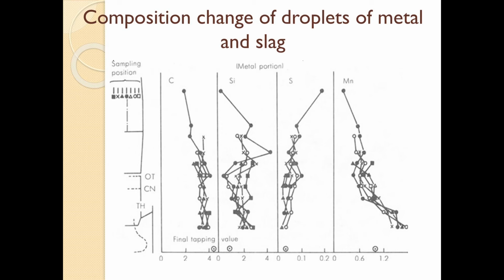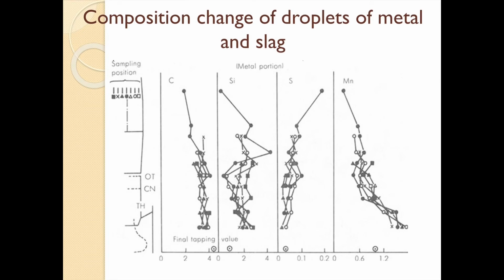So, manganese goes mostly into the metal. These are all samples which were taken out at various places in an operating blast furnace, and that shows the composition of all these important elements in the metal and slag.